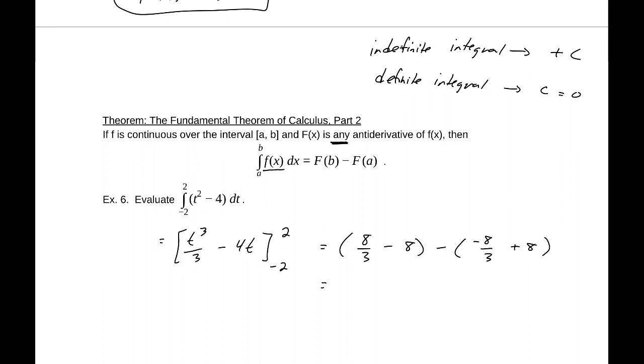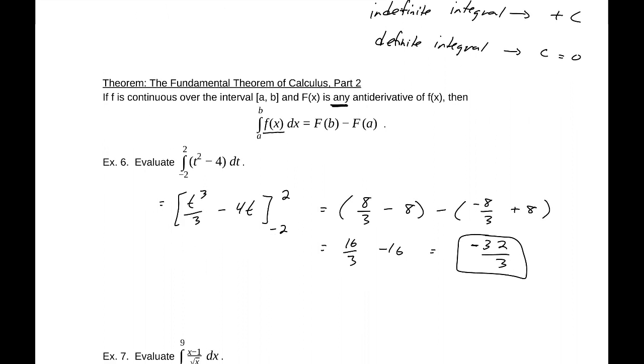That would be 16 thirds minus 16, which is equal to negative 32 thirds. So the integral from negative 2 to 2 of t squared minus 4 is negative 32 thirds, which means we have more below the axis than above.